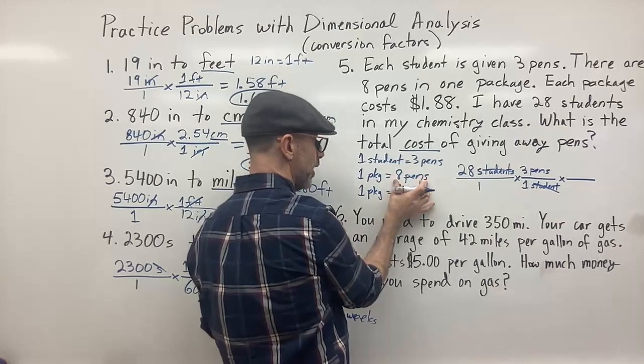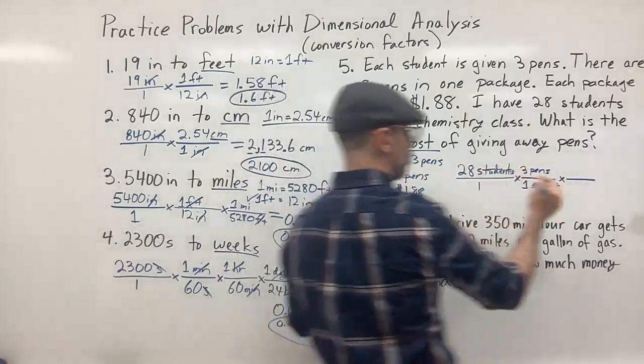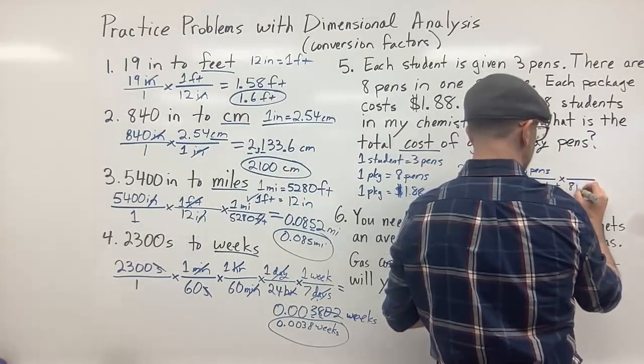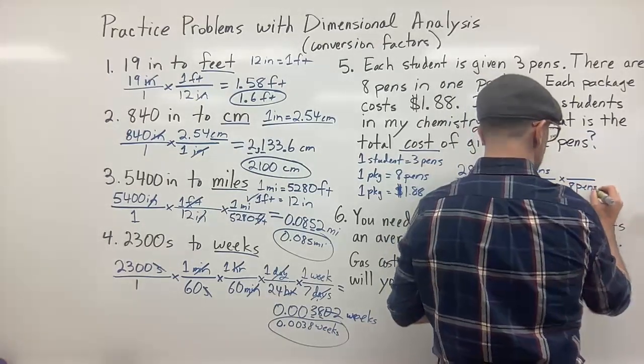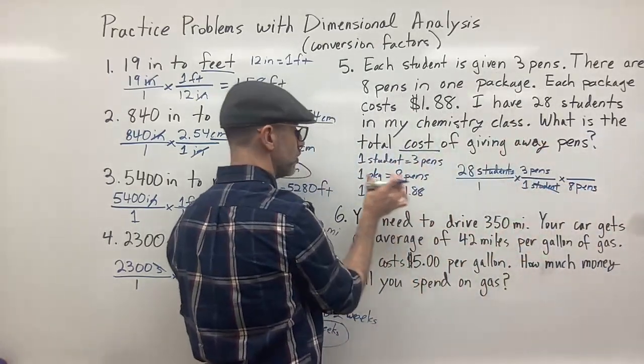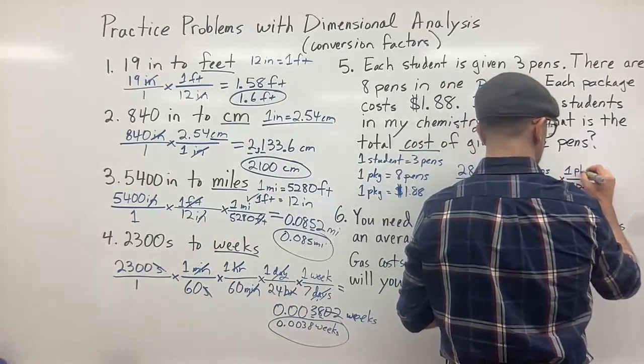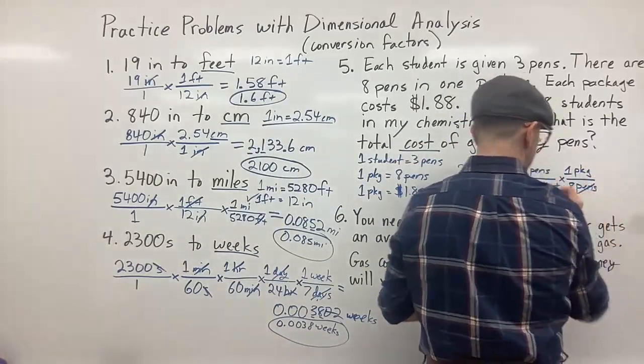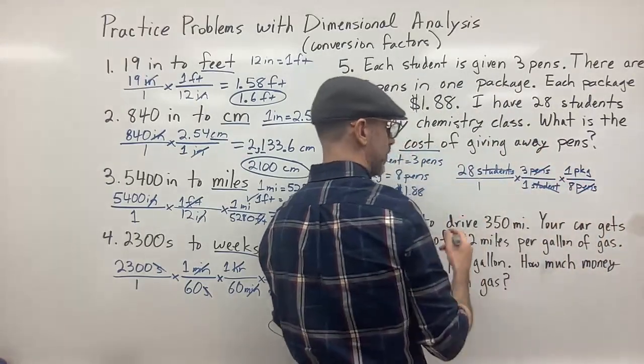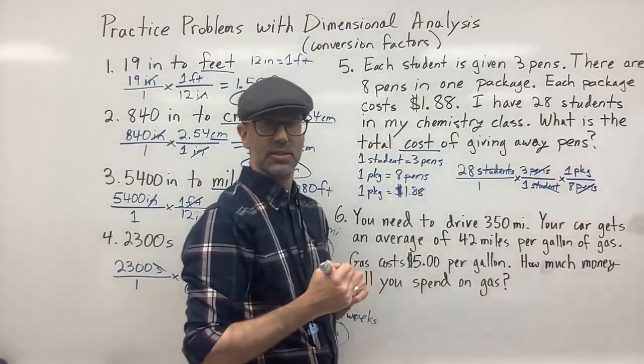So 8 pens is equal to a package. So I'm going to put pens on the bottom. In this case, it's 8 pens now. So 8 pens is equal to 1 package. So 1 package goes on top. So pens cancels out. Okay, now I have packages.